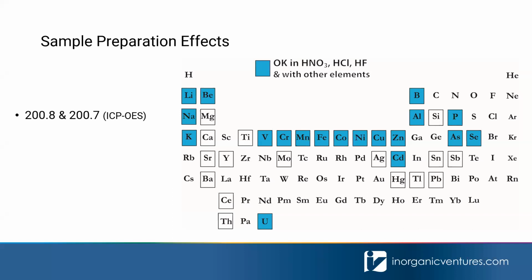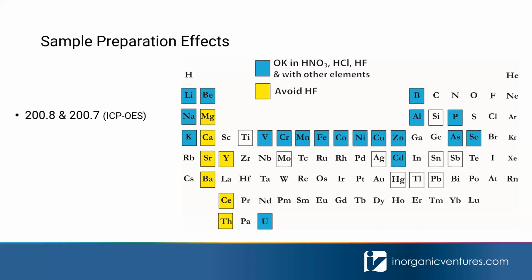They're also absolutely indifferent to what other elements you mix them with. So if you only have to measure elements that are in blue, the message would be this: put it in pretty much whatever matrix you want and mix them in any combination that you want, and you're not going to have any problems.